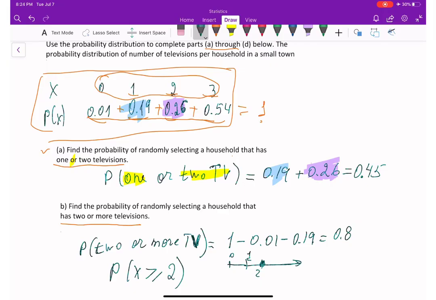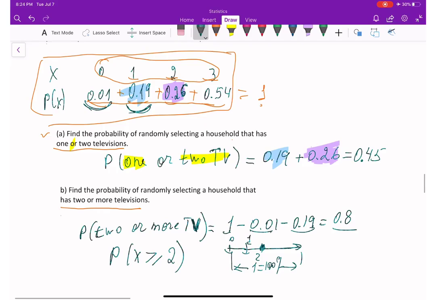So if I take the whole 1, which is 100%, decimal notation for 100% will be 1. If I subtract probability of 0 and probability of 1, here it is, 0 and 1, right here in this table, see? Then you will get 0.8, which means probability of having 2 or more TVs is going to be 0.8.